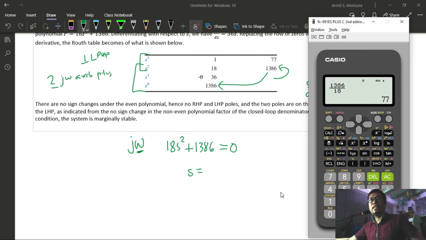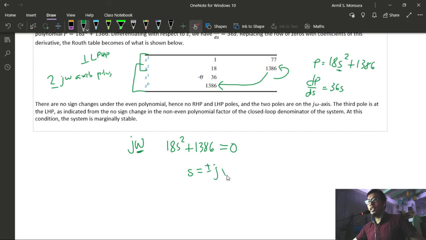So yung s natin is basically plus or minus j square root ng 77. Yung frequency of oscillation ngayon na hinahanap nyo is ito. Yan ngayon yung omega n nung undamped oscillation niyo. That is square root of 77.